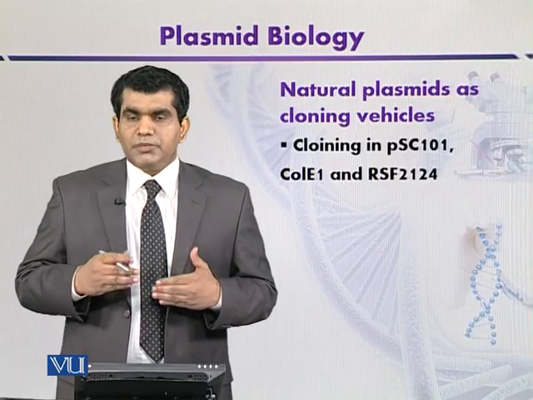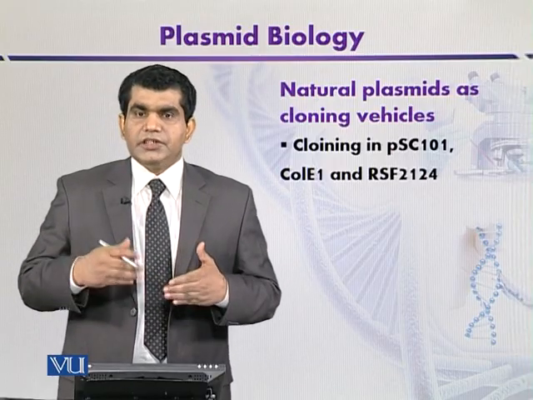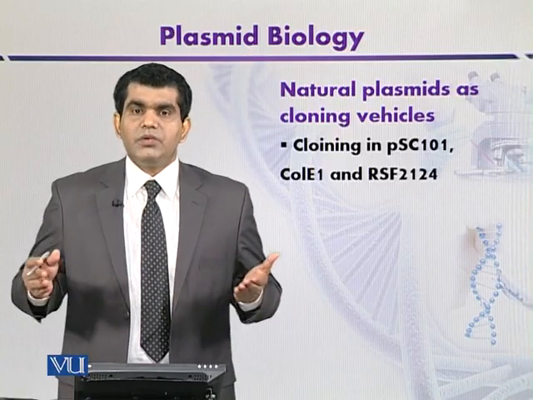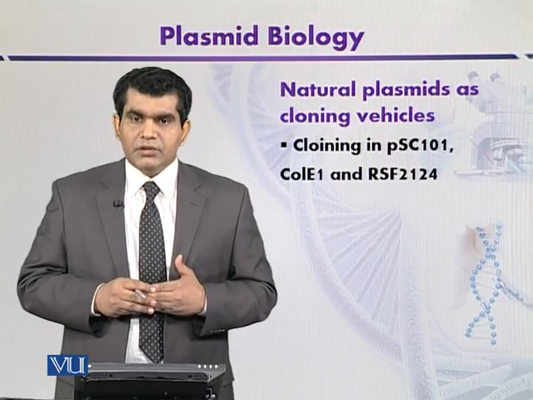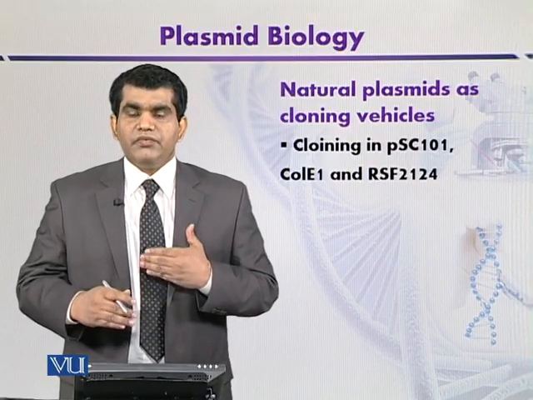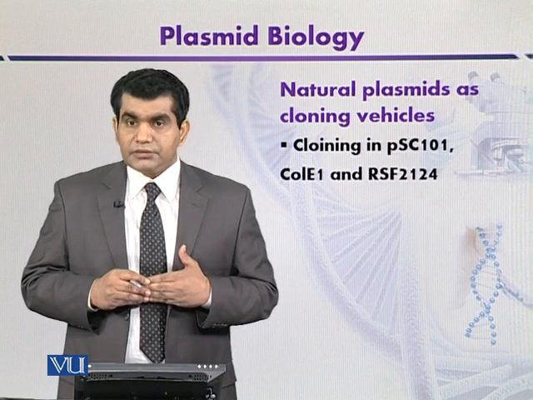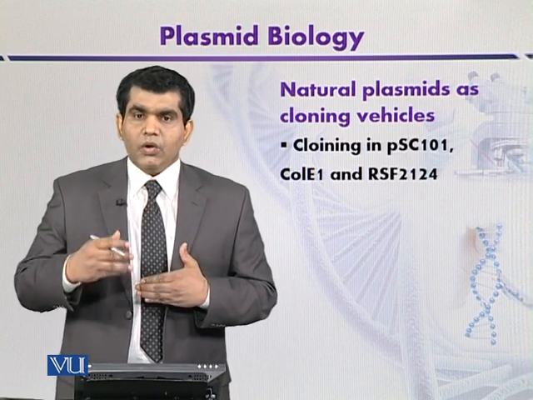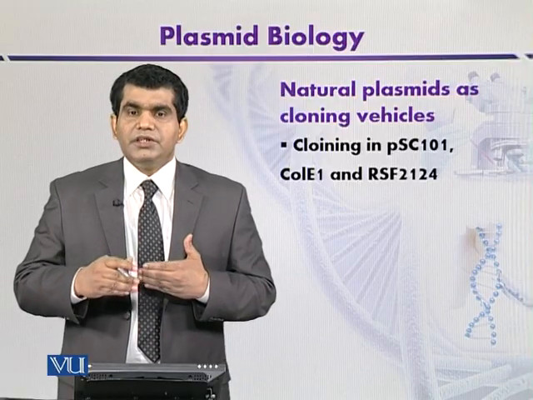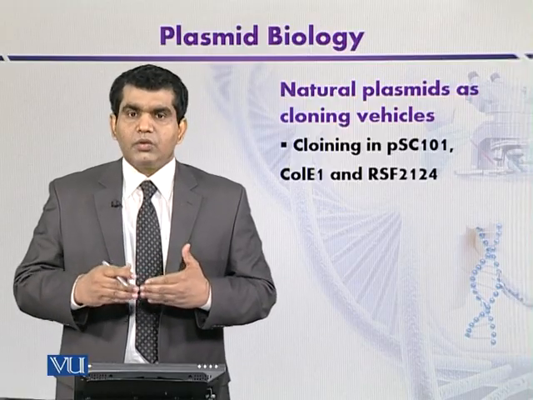Although plasmids like ColE1, when inserted into E. coli cells, are naturally high copy number plasmids, their copy number can be further enhanced or increased if the cells growing in log phase are treated with an antibiotic like chloramphenicol.